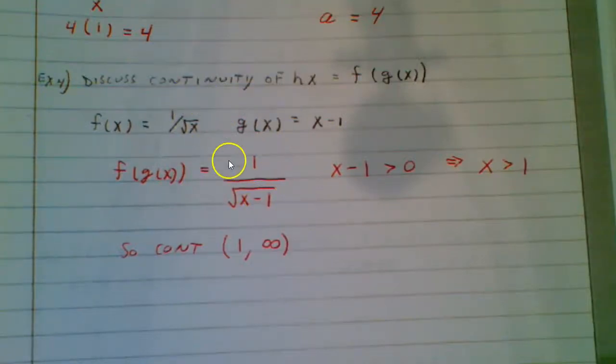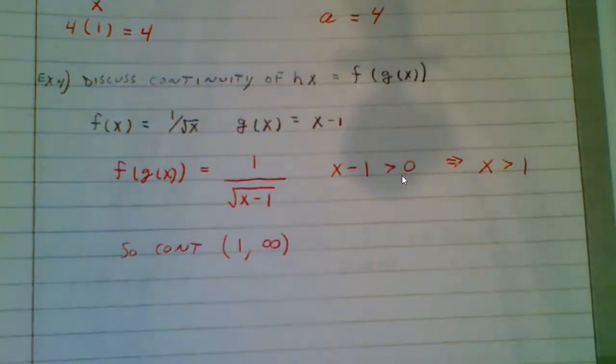So when they say discuss the continuity, what they're really saying is where is this graph continuous or where is it discontinuous? So for this one, the one thing we would really have to look at is the domain of this. As you look at the setup that we have, we know that the denominator cannot equal 0, and we know we can't take the square root of a negative. So as I take my x minus 1, I know this x minus 1 must be greater than 0 because it's under a square root.